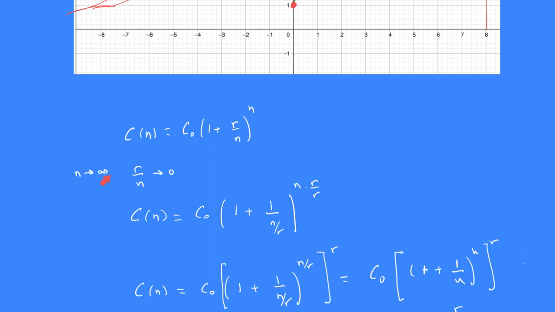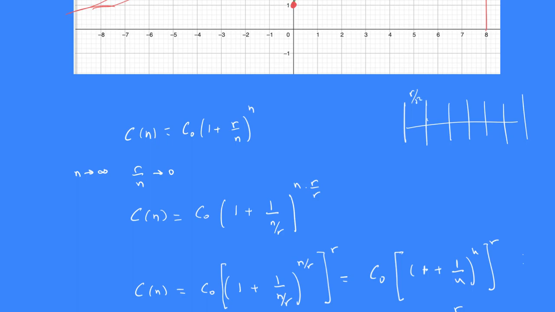So we want to find what happens when we divide r divided by n, when we divide in infinity parts. So we have the year, and we start dividing in 12 parts, 1, 2, 3, 4, 5. So in each part, the amount that you will earn will be proportional to r divided by 12.